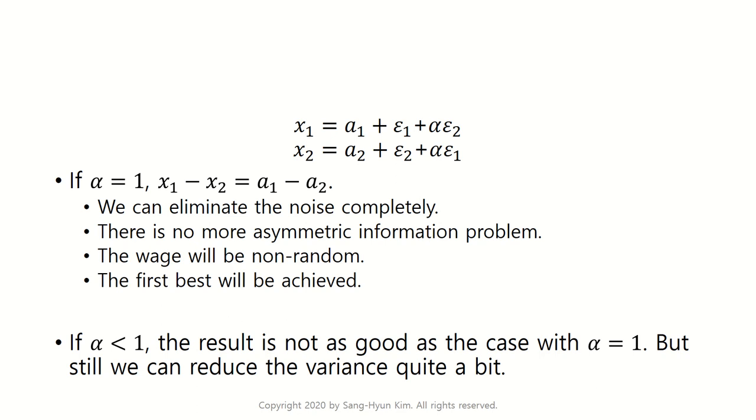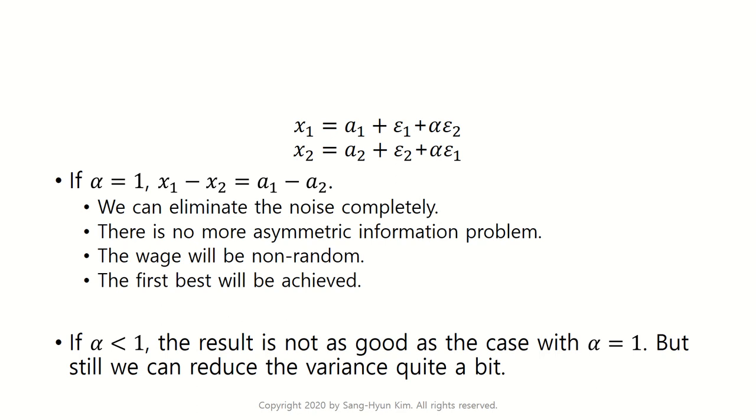So what that means is the workers do not take any risk. So risk sharing is optimal too. The risk sharing is in the way that the principal takes all the risk and the workers do not take any risk. So it's basically the first best outcome, the first best situation.